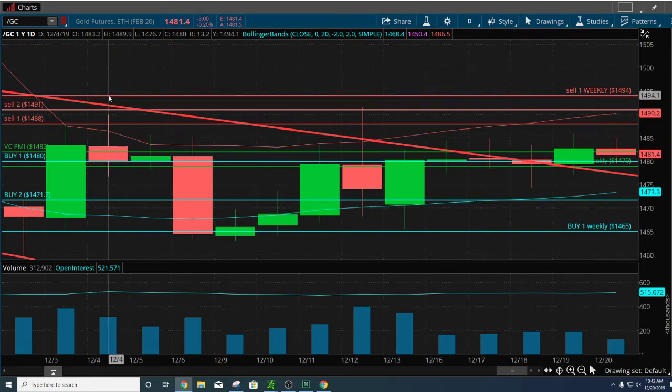From the sell 2 level, whether you're trading daily, weekly, or monthly, it is a 90% probability if the price reaches there and it activates the short trigger that it would revert back to the mean.